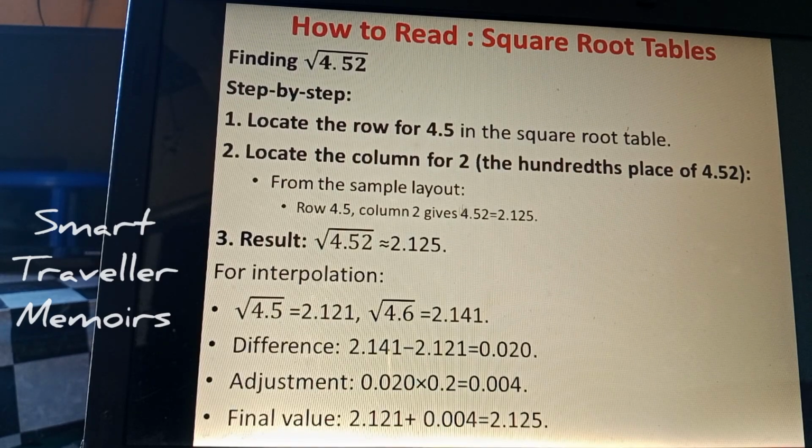From the sample layout, you get 4.52 is 2.125. Result, for interpolation, you get 4.5 and 4.6, because that is where 4.52 lies, and you find the answer is still 2.125.